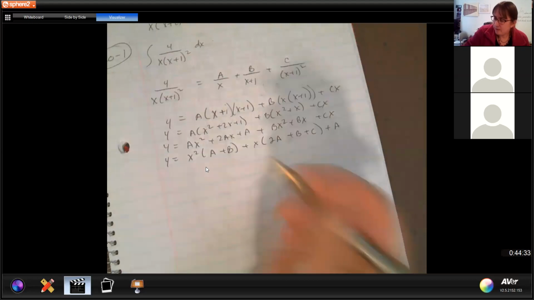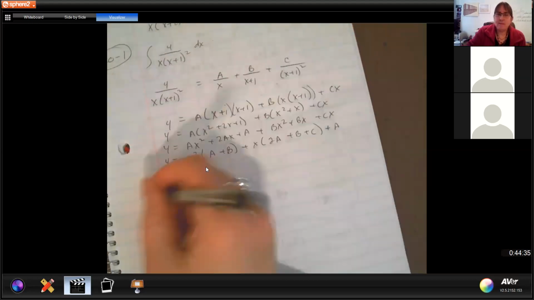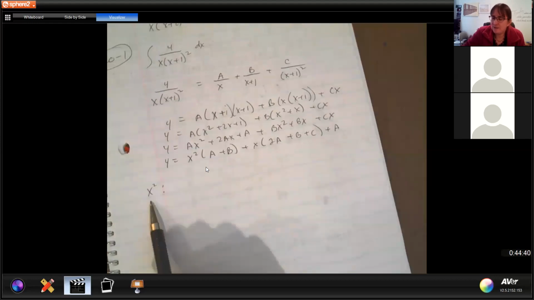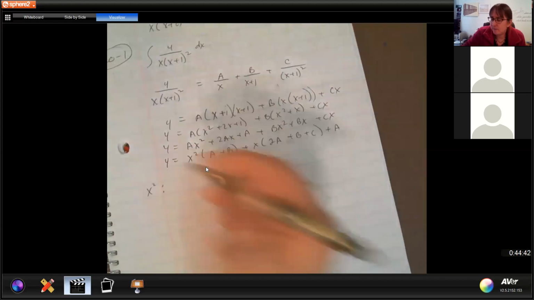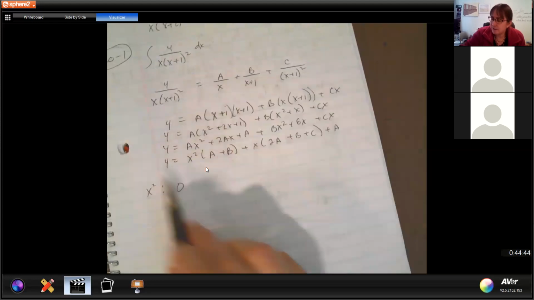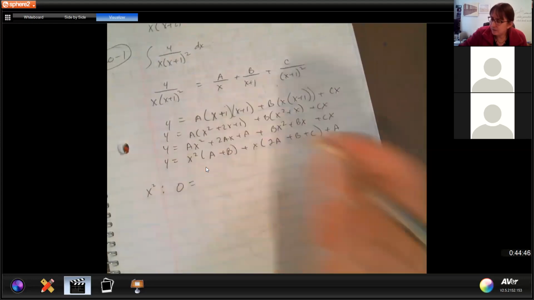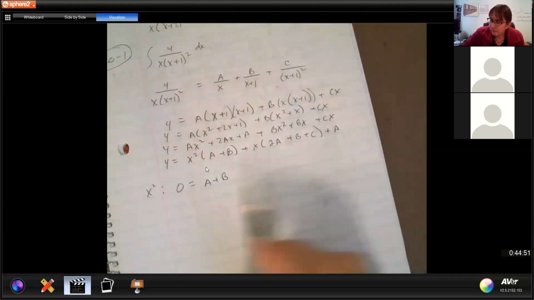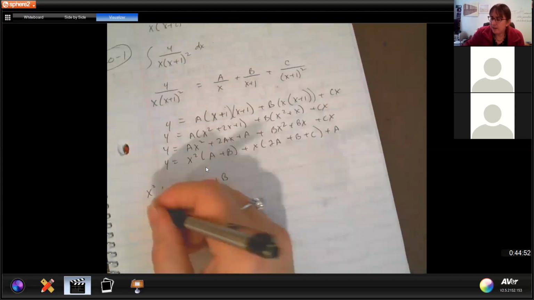Now I am going to set my coefficients equal that are in my x squared terms. I have 0 x squared terms on the left. So 0 equals A plus B as a coefficient on the right. Then I'm going to gather all my x terms.